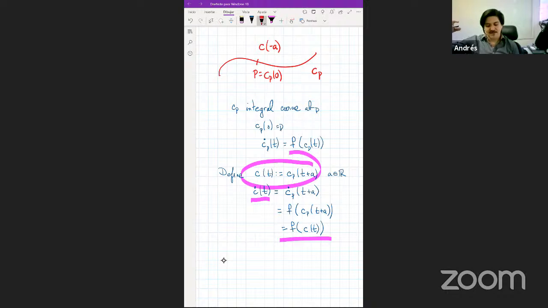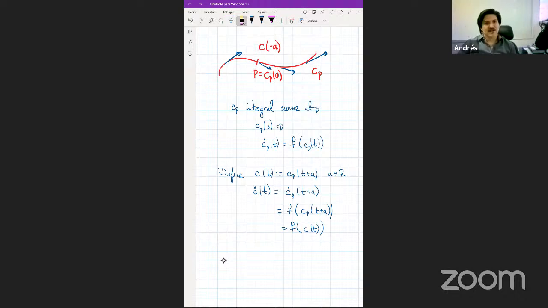And what we know, because it is an integral curve, is that the tangent vectors agree with the vector field at those points. So we only changed the parameter t, we shifted the domain only.